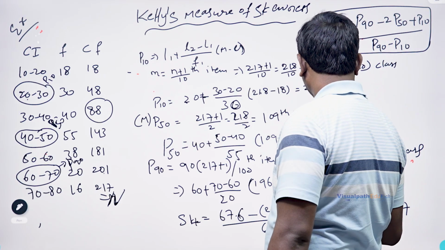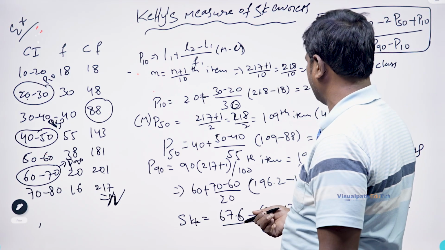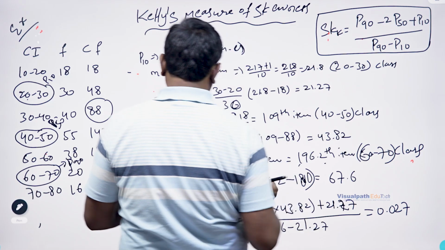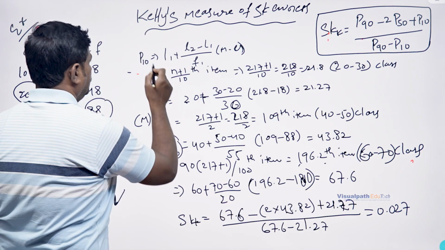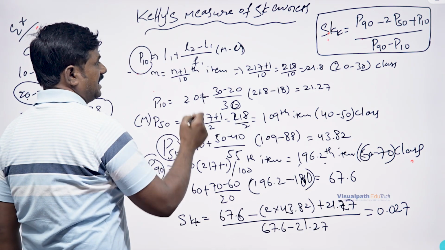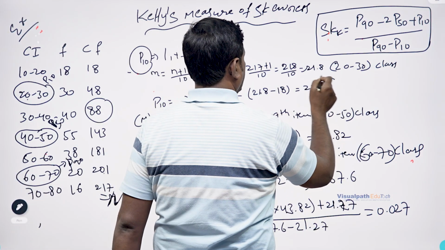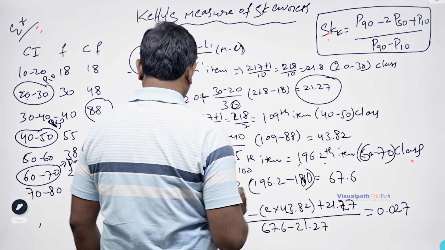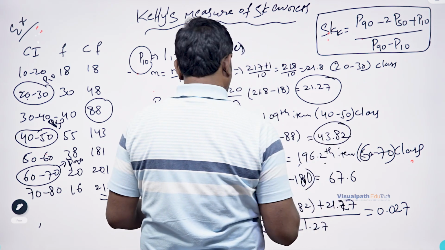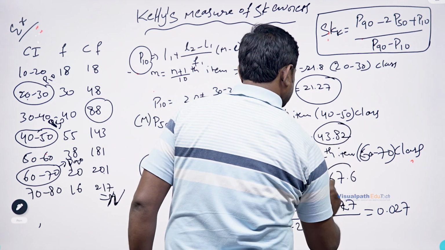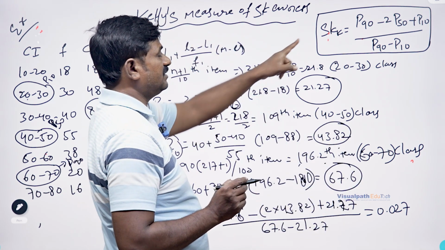So here we get 67.6. Now we have P10, P50, P90: P10 is 21.27, P50 is 43.82, and P90 is 67.6. So what is the formula for us?